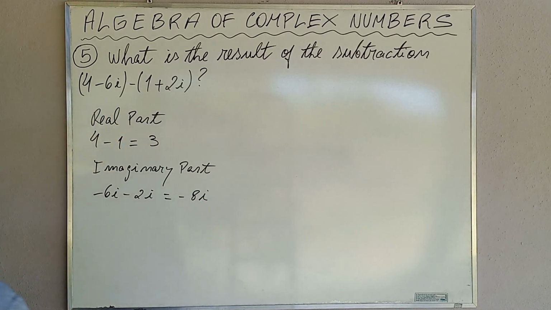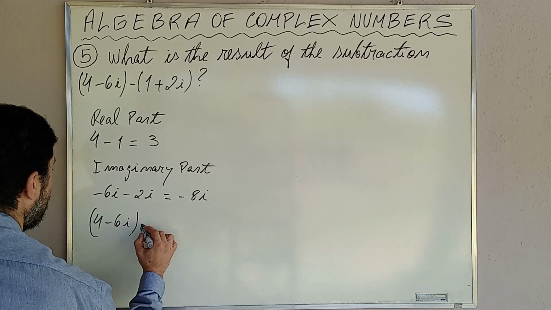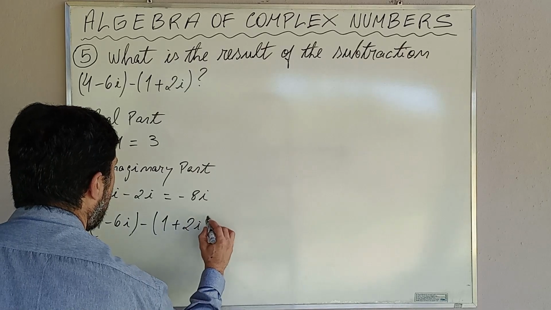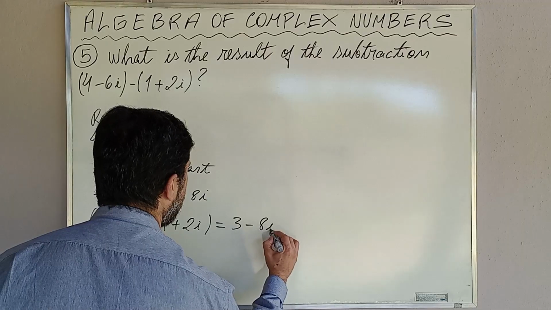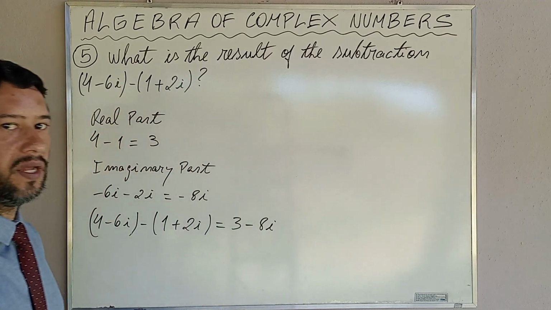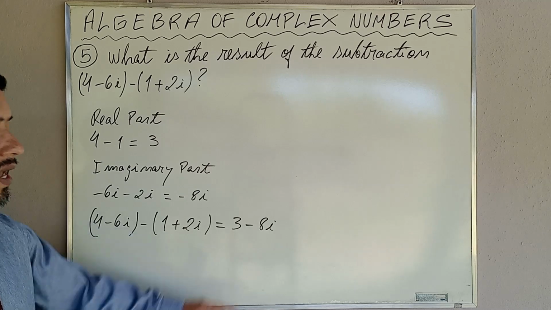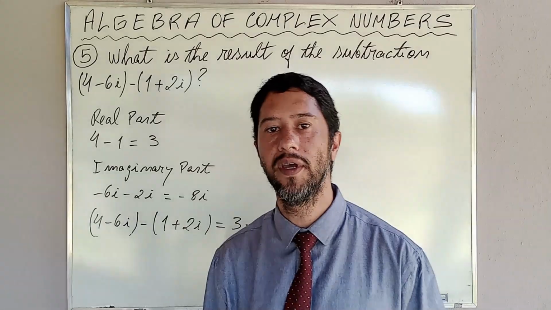We conclude that 4 minus 6i minus 1 plus 2i is equal to 3 minus 8i. And this is the result of the subtraction, and it is all for the debate of this exercise.